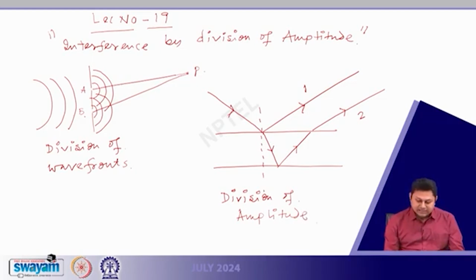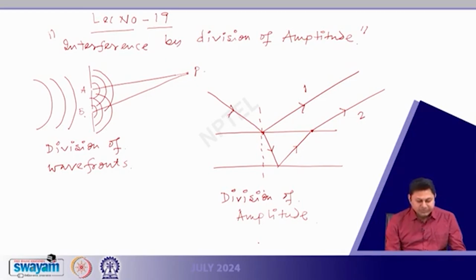From this figure, it is also clear that ray 1, traveling directly from this point, and the ray traveling through the film should not have the same path, because there is already a path difference encountered by ray 2 during this process. Like the previous case, the path difference will determine whether these two rays give a maxima or minima at some point.